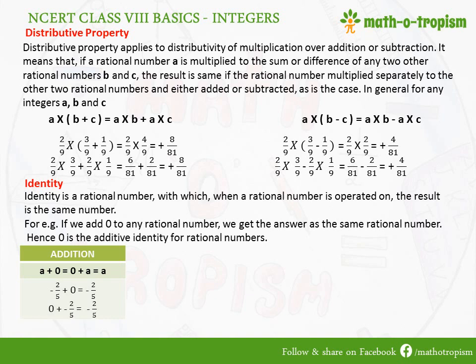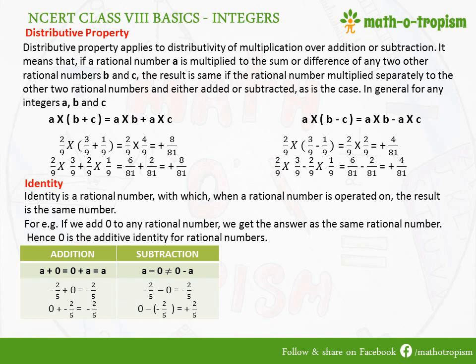So if we take the example, minus 2 by 5 plus 0 is going to give me minus 2 by 5, and 0 plus minus 2 by 5 is also going to give me minus 2 by 5. But that is not the case for subtraction, where a minus 0 will not be equal to 0 minus a, and hence 0 is called the additive identity of a rational number.